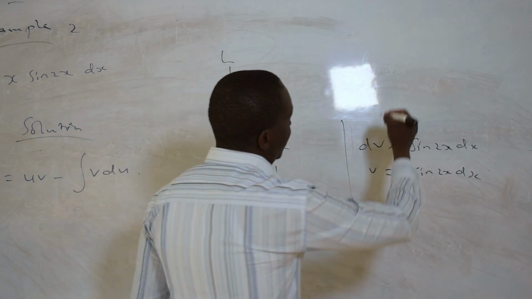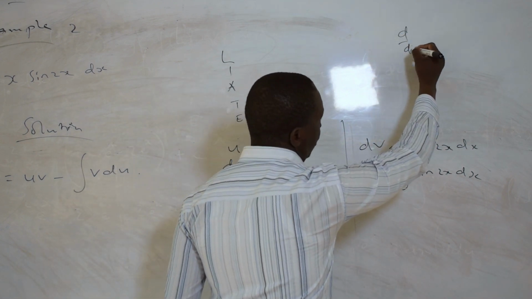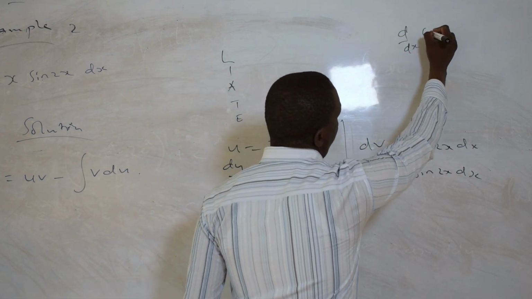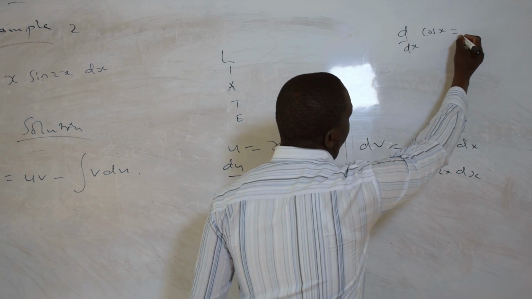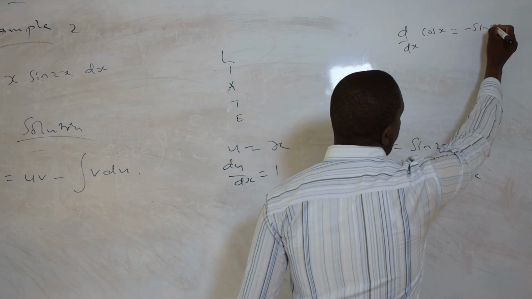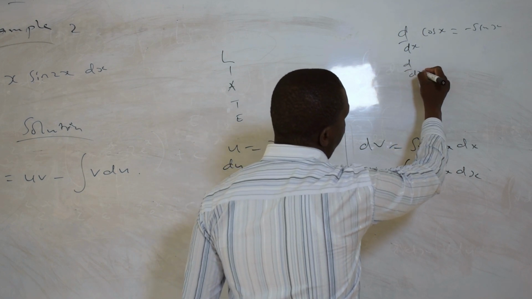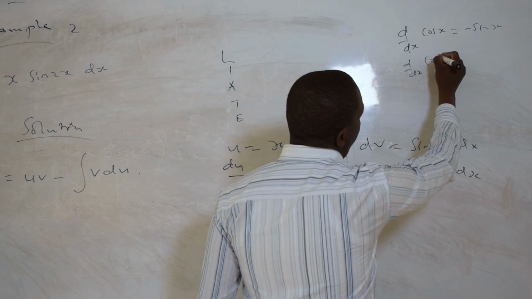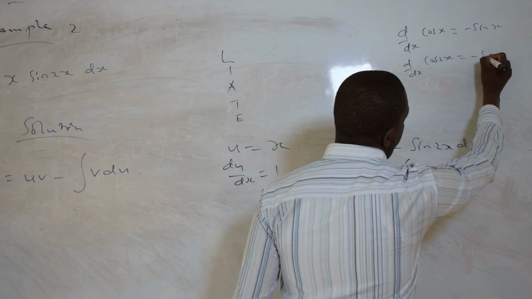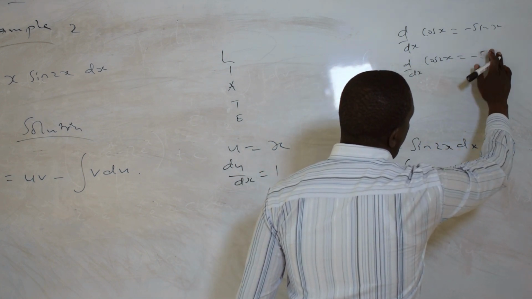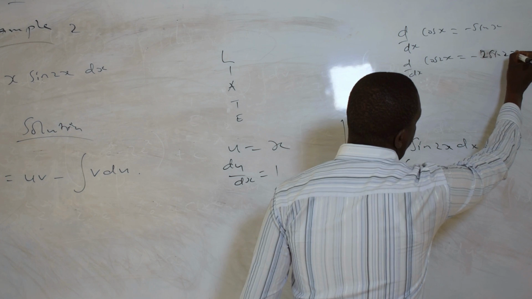Now we know very well that the derivative of cos of x is minus sine x. The derivative of cos of 2x is minus 2 sine of 2x.